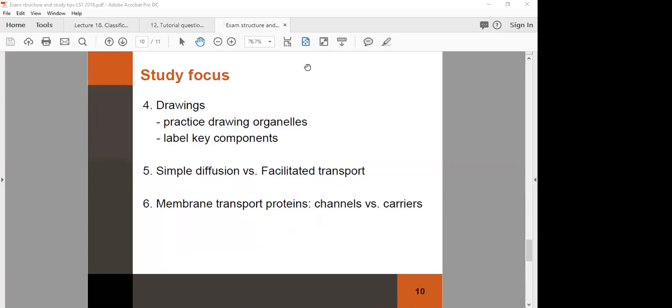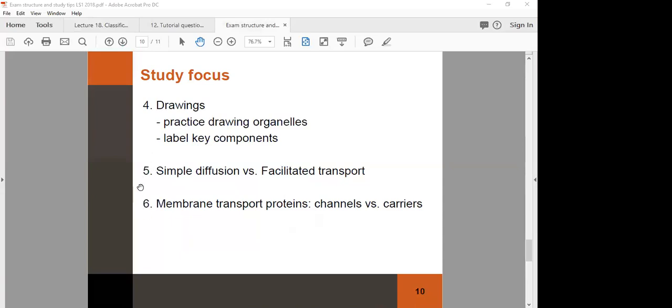Mitochondria. Yes, mitochondria, that's a possibility. And endoplasmic reticulum is another possibility. Okay, so make sure that you can draw them and label them correctly. All right, so that's from our functioning cells lecture.